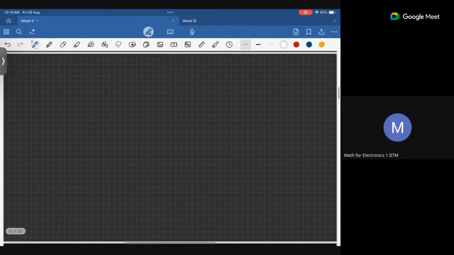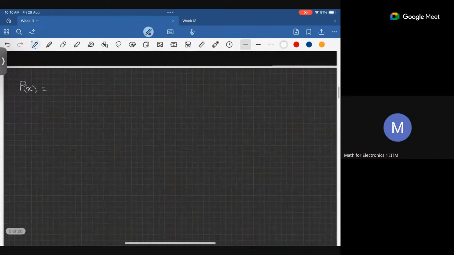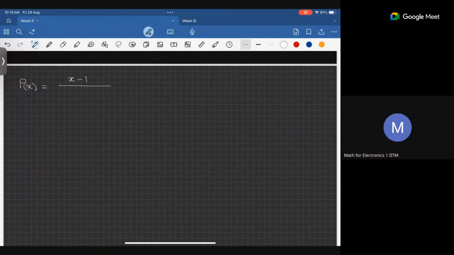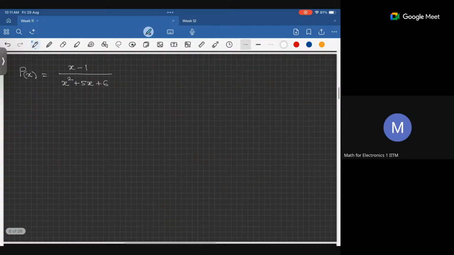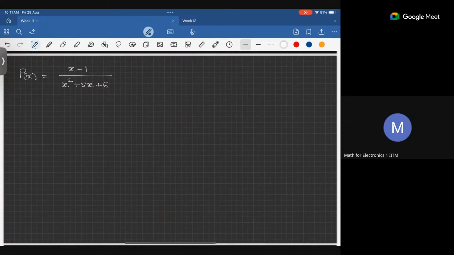Suppose we are given p of x to be x minus 1 divided by x square plus 5x plus 6. As discussed, first of all, we have to factorize the denominator.